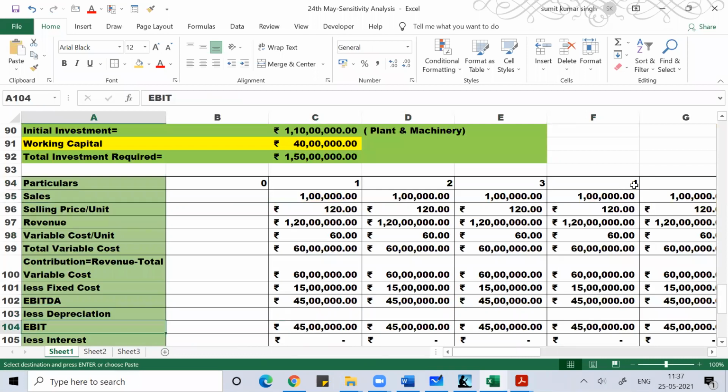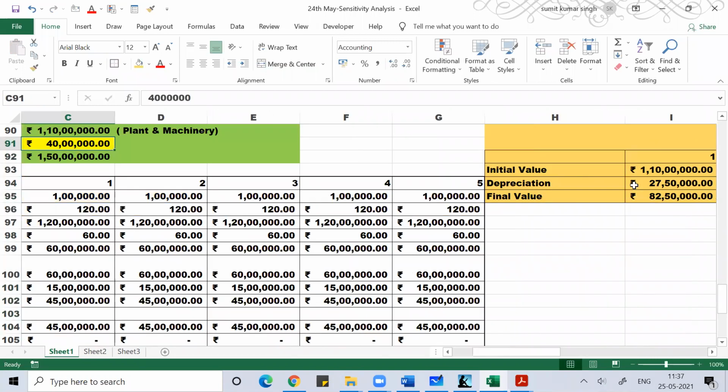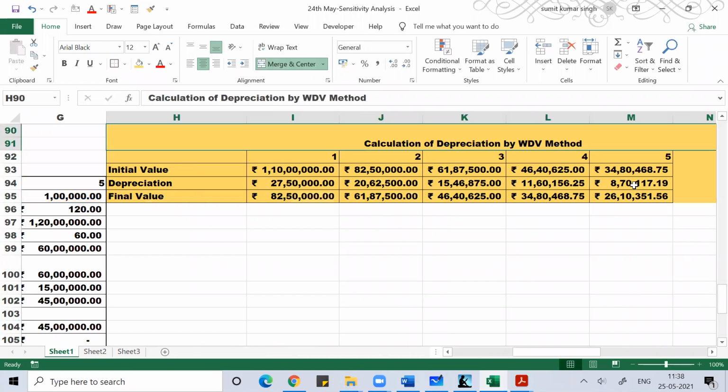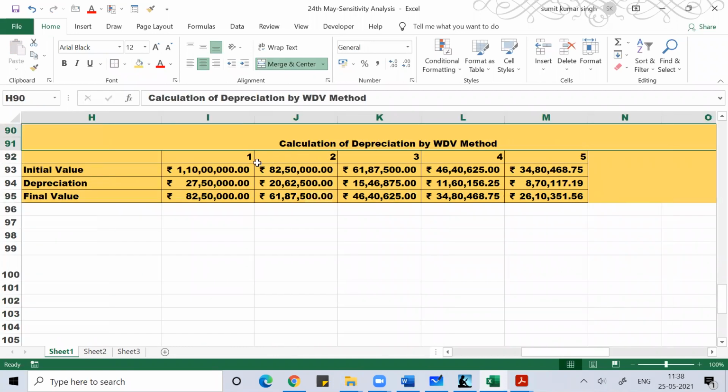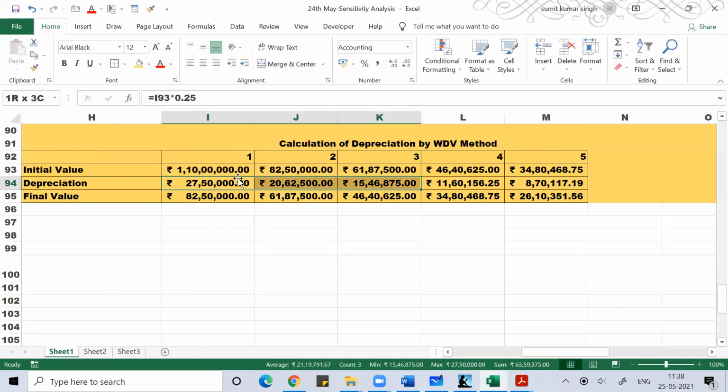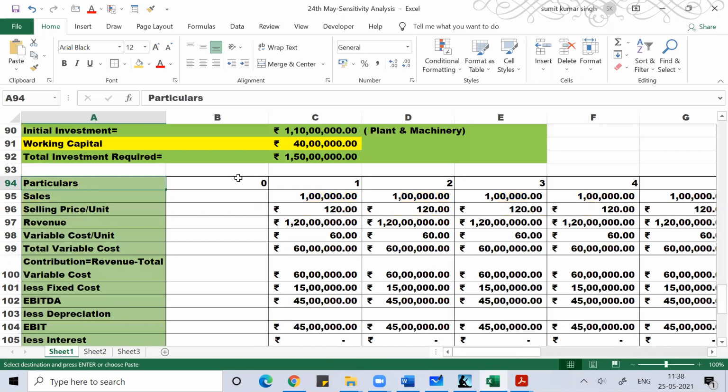Copy the depreciation and put it here, because depreciation will change.